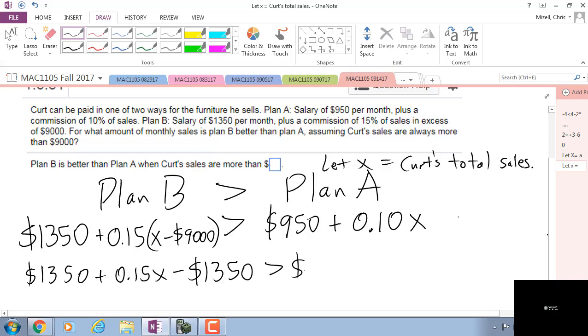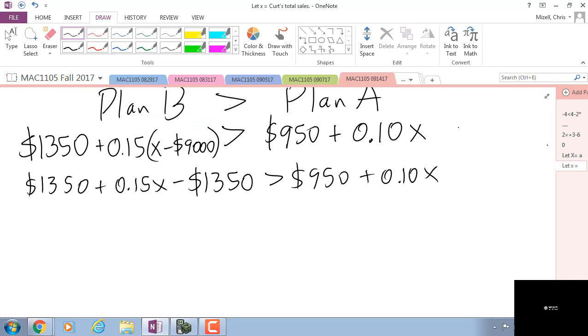That's greater than $950 plus 0.10 times X. Oh, if we combine the 1350 with the negative 1350, then it's exactly 0.15x.